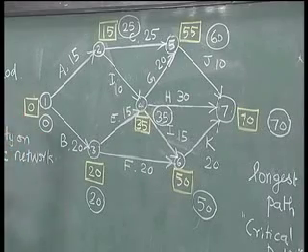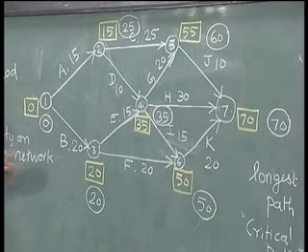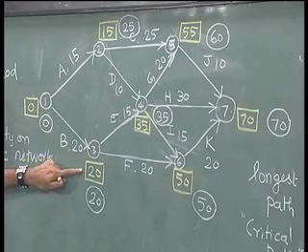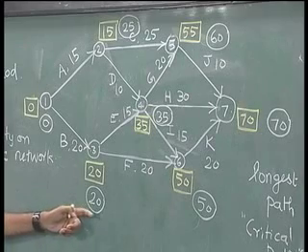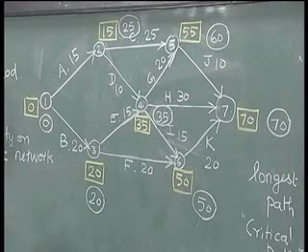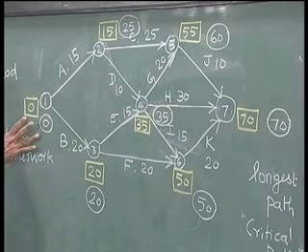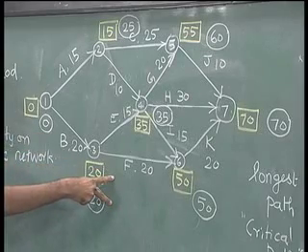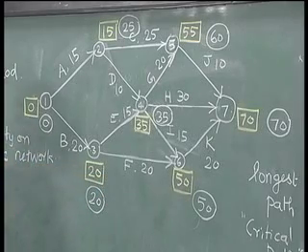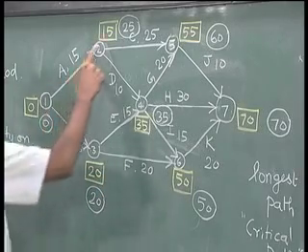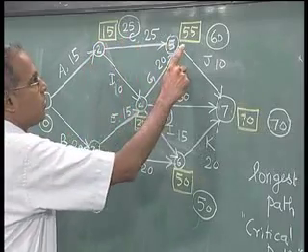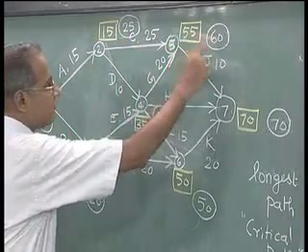Now, when we look at both the labels that we have drawn, the forward pass label, shown inside a square in one color, and the backward pass label, shown inside a circle in a different color, we realize that some nodes have the same values for the labels, like node 1 and node 3, whereas some nodes have different values for the labels, like node 2 and node 5.